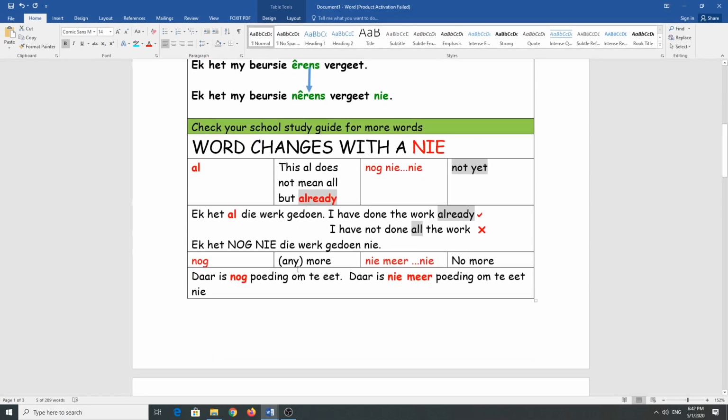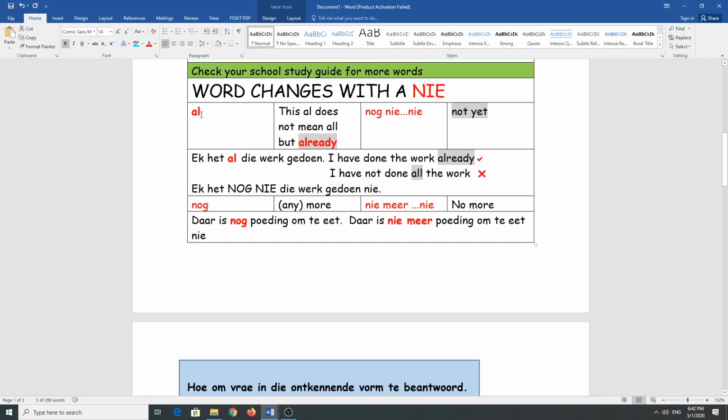Right, here are the two problematic ones. Al. Now, the word al can mean two things. It can mean all, or it can mean already. So, ek het al die werk gedoen. I did all the work. When al means all, it is not a word change. So you would say, I have not done all the work.